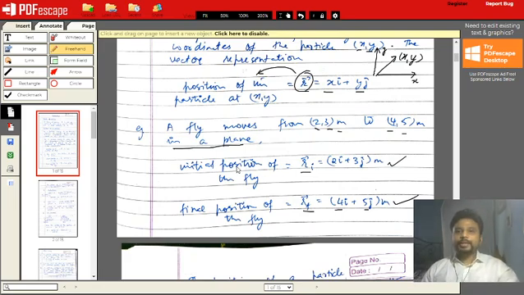So here we not only learn how to represent the position of a particle as a vector, but we also learn how to denote the position of the particle. For example, the initial position would be denoted as ri, and the final position can be denoted by rf.